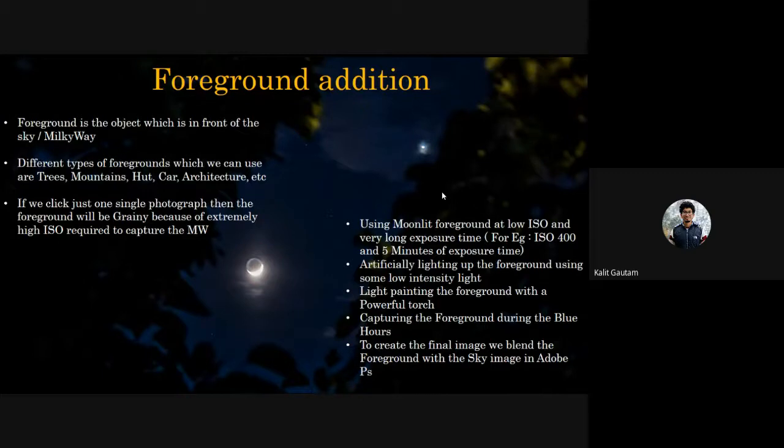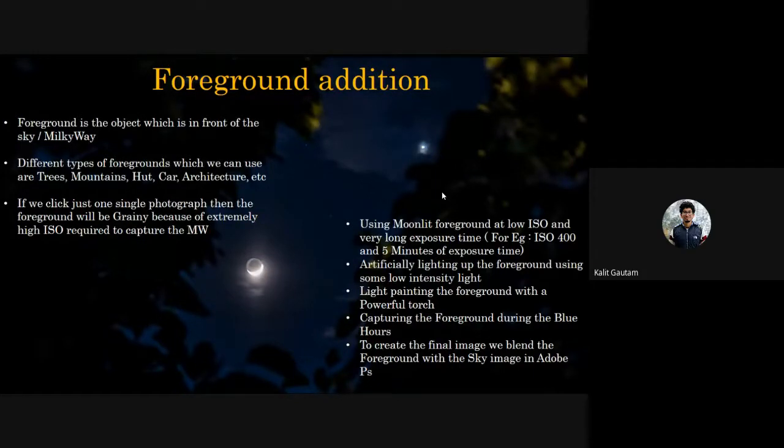You use a lower ISO, such as ISO 400 that I've given over here, and 5 minutes of exposure time. This exposure time allows the image of that foreground to be very sharp, and the lower ISO of 400 results in better quality of the foreground. It doesn't introduce any kind of noise.